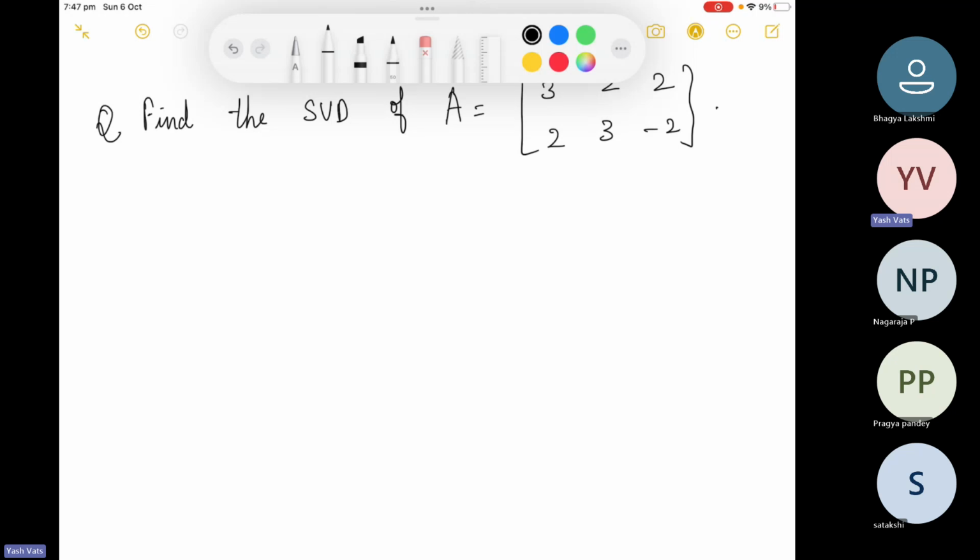So how do you find it? First, we need to find the singular values by finding the eigenvalues of A A transpose. So what is A A transpose here? A A transpose is this.